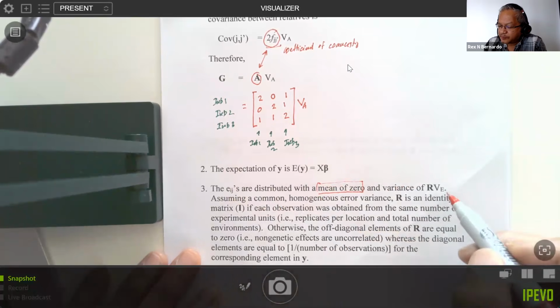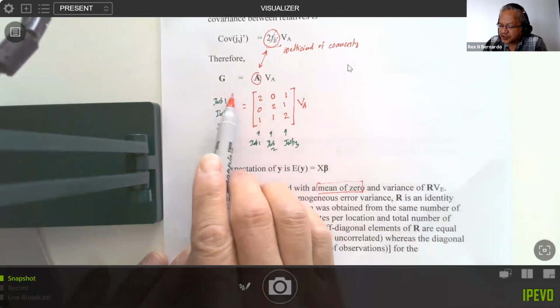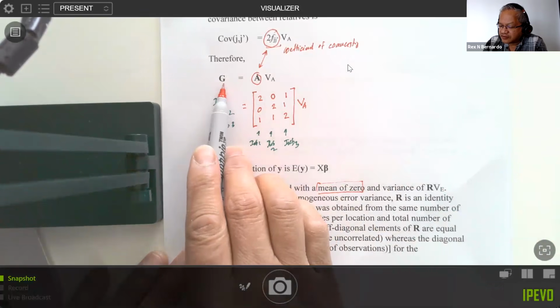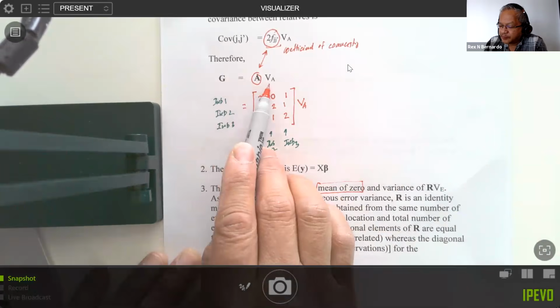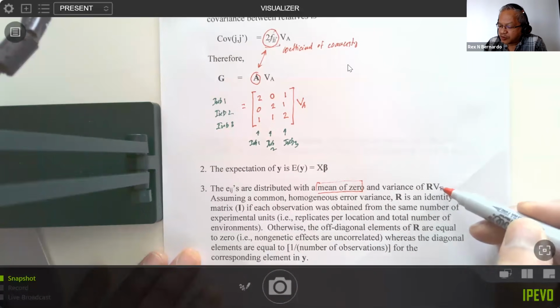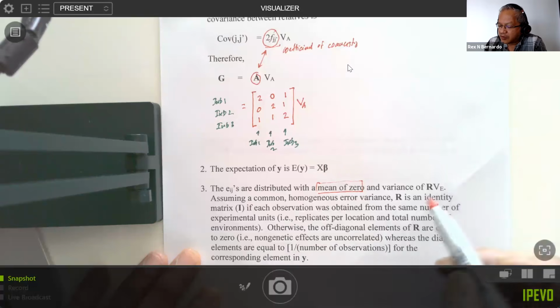And a variance that, just like the variance of genetic effects is G, is A times VA, the variance of your errors is equal to R times VE. And if we assume that there's a common homogeneous error variance, then R is an identity matrix.